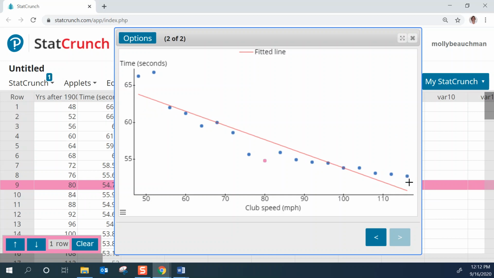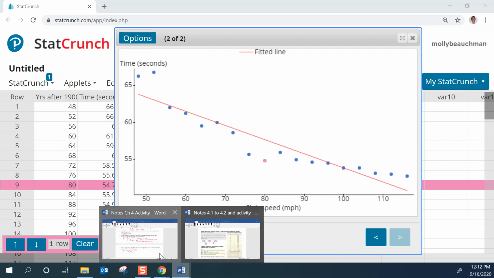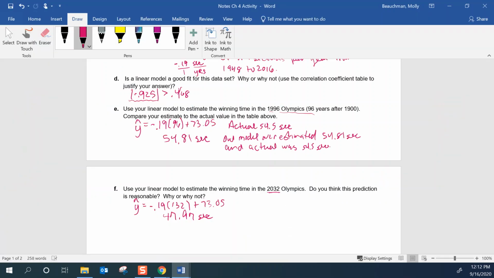So it's two reasons. We've got a value a little bit too far in the future outside of our data set, and also our data set, the last few numbers started to level out, and our line really predicts a much faster time than actual. So you would write that as your solution in part F. The answer: the prediction is not reasonable.